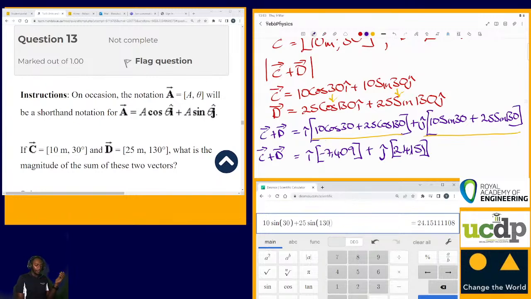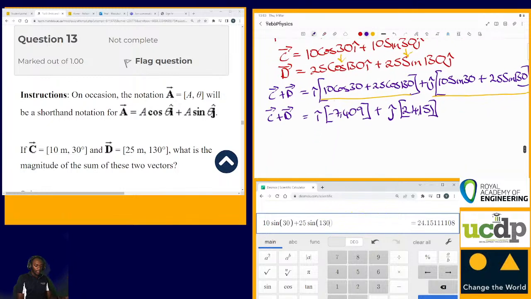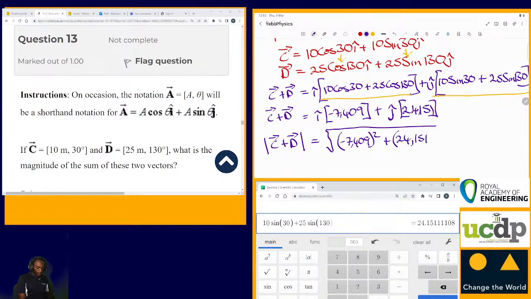So what we have to do now is find the magnitude. The magnitude of C plus D equals the square root of negative 7.409 squared plus 24.151 squared.